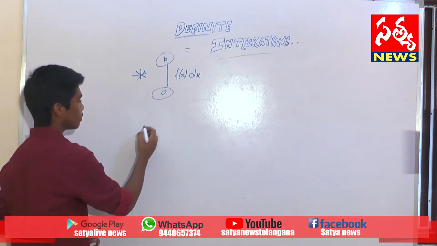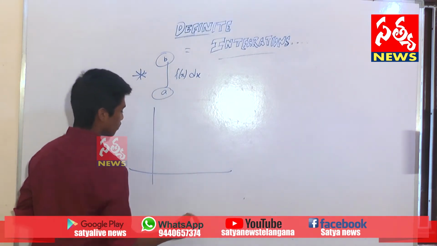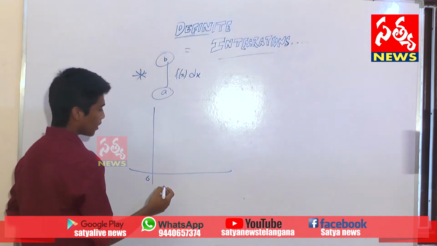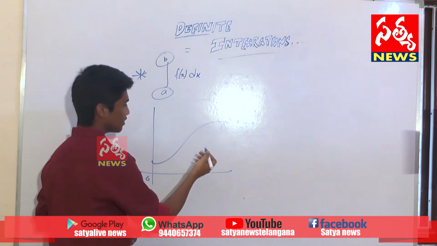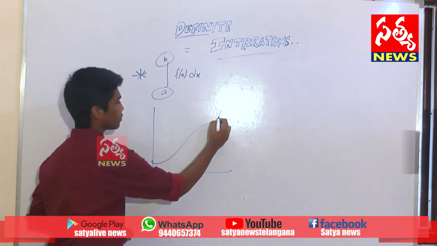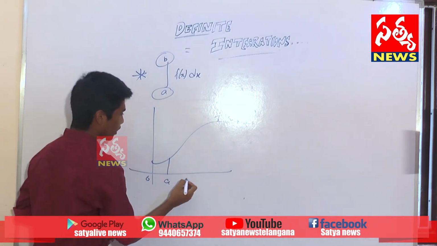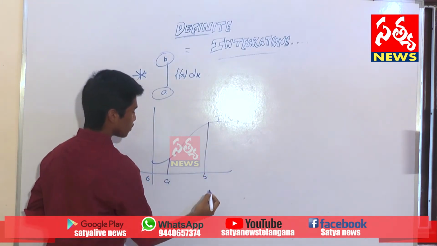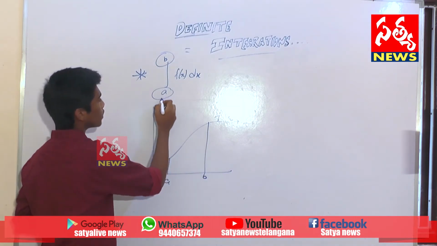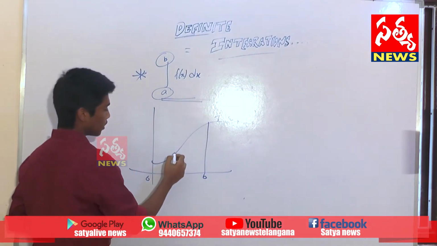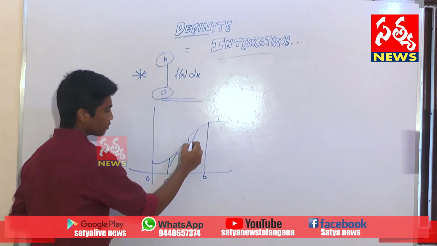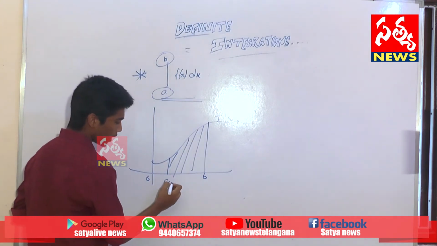For example, in the graphical manner, let us assume that this is a function f of x. And this is a and this is b. This means the area under the curve in the region a to b.